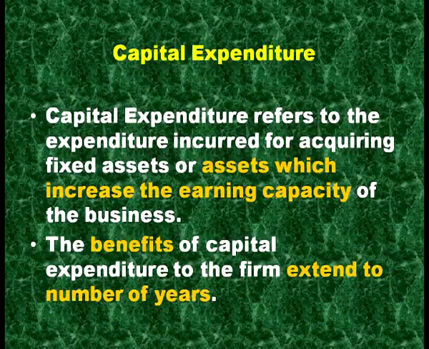What is capital expenditure? Capital expenditure refers to the expenditure incurred for acquiring fixed assets or assets which increase the earning capacity of the business, or the benefits of the capital expenditure to the firm extend to a number of years.